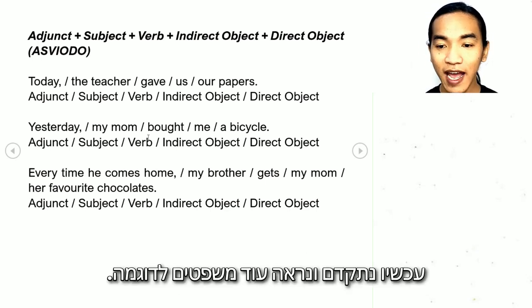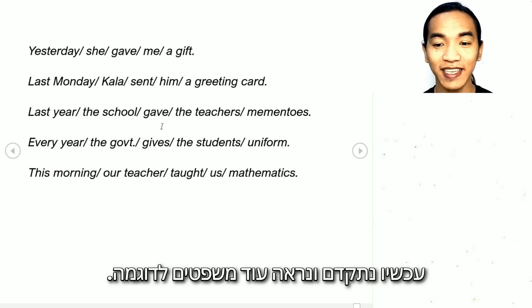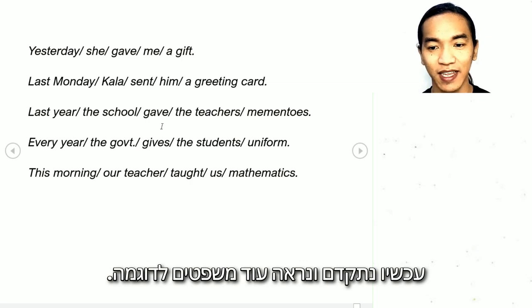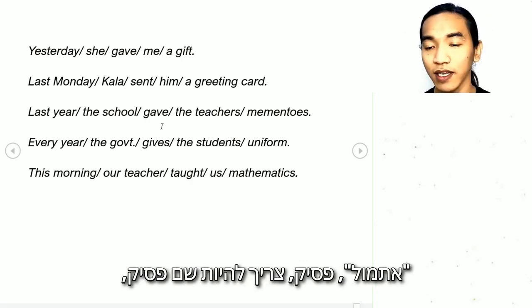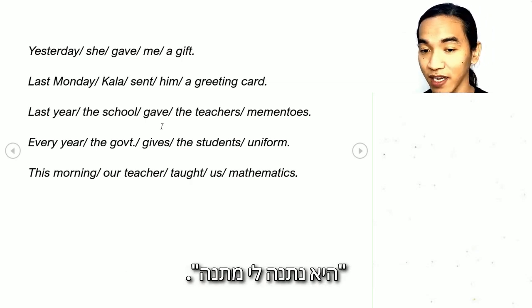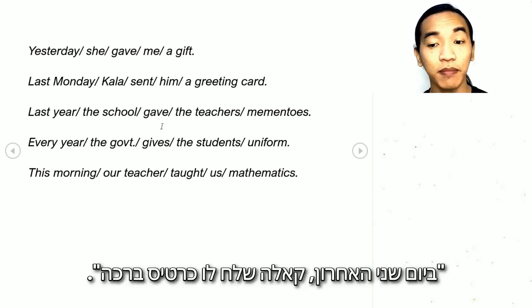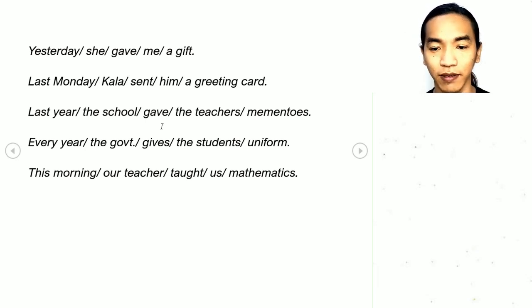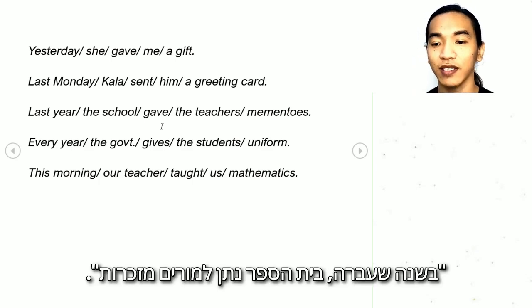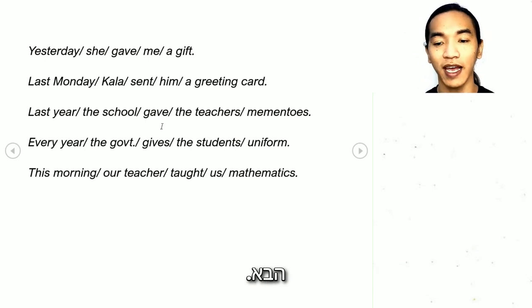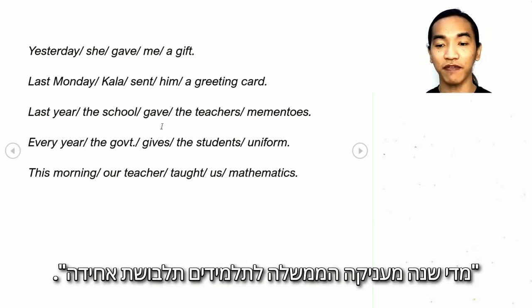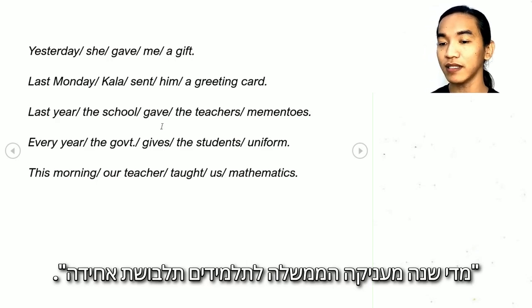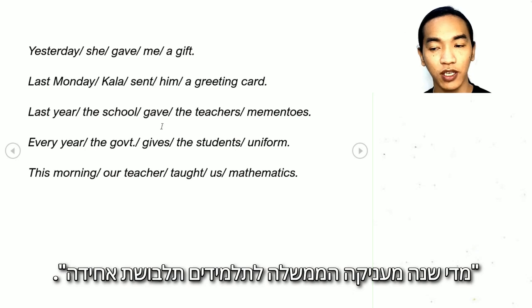Okay, now moving forward, let's have more example sentences. Yesterday, comma, there should be a comma there. She gave me a gift. Last Monday, comma, Kala sent him a greeting card. Next, last year, the school gave the teachers mementos. Okay, next one. Every year, the government gives the students uniform.